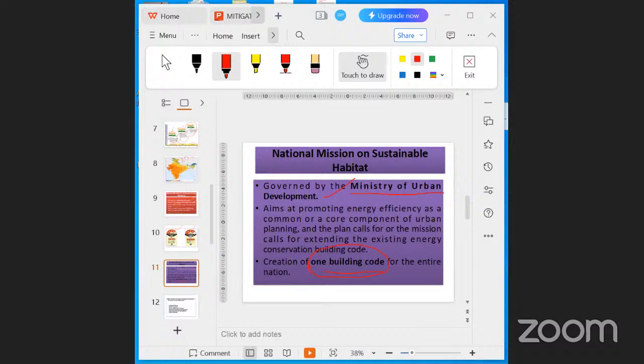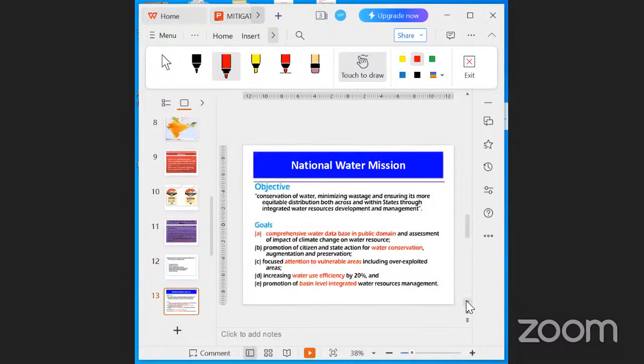And next, we have the mission that deals with water. So that is the National Water Mission, right? So this is also very important. So the Ministry of Water Resources, what is the objective?